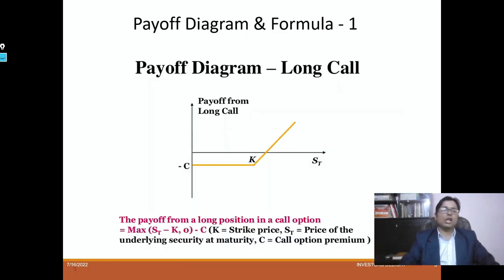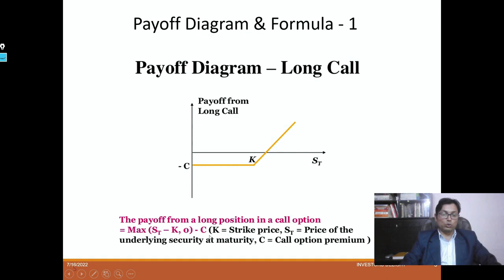So we are now onto the payoff diagram, where we will see the payoff diagram of a long call option. K is the strike price, you can see here, and this is the stock price. We know that the payoff from the long position in a call option is maximum of ST minus K comma 0, and minus c.